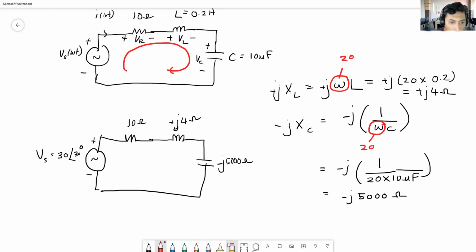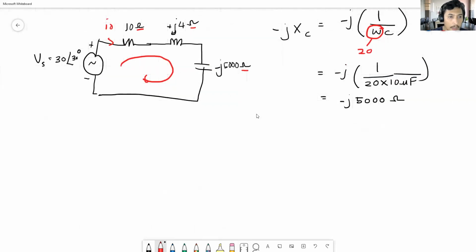So right now your resistance and reactance are all in ohms, and this is your current flow I. Okay, you need to remember that right now we are in phasor form. So from here you can use basic Ohm's law: Vs is equal to 10I plus j4I minus j5,000I. And your Vs is 30 angle 30 degrees.